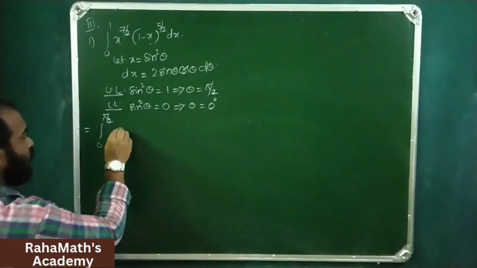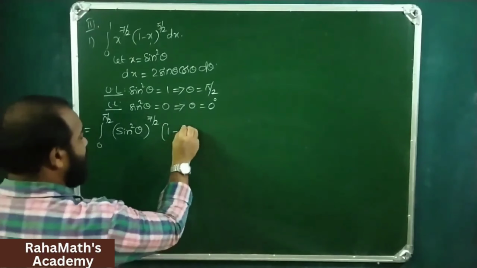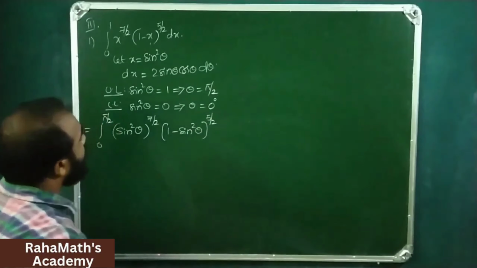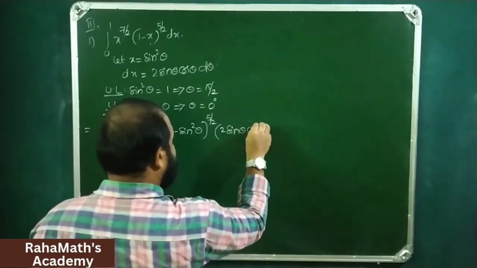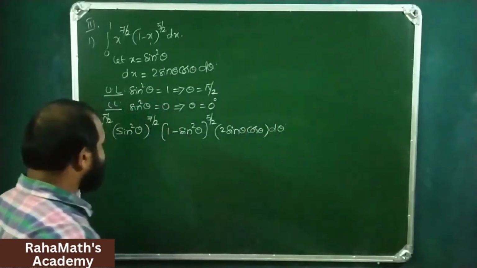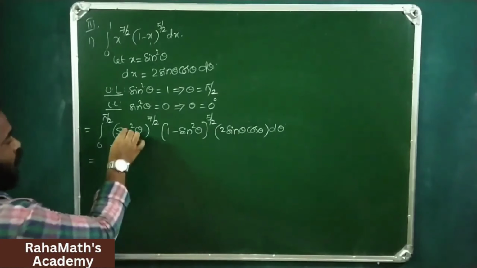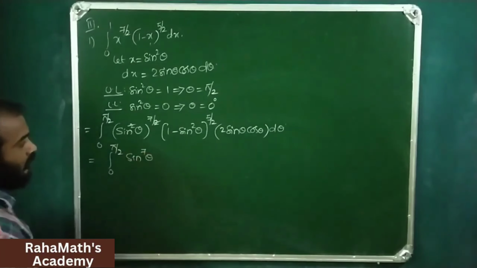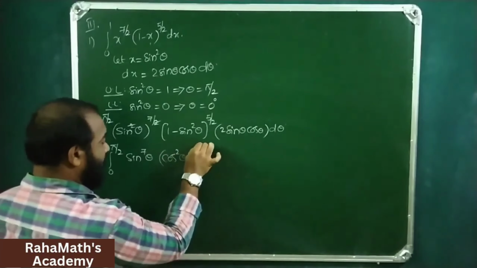x is (sine square theta) whole power 7 by 2, into 1 minus x, which is (sine square theta) whole power 5 by 2. dx is 2 sine theta cos theta d theta. So this is equal to integral 0 to pi by 2. Square and root get cancelled. Sine power 7 theta. 1 minus sine square theta is cos square theta whole power 5 by 2.